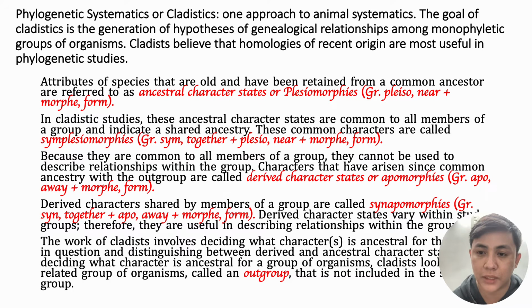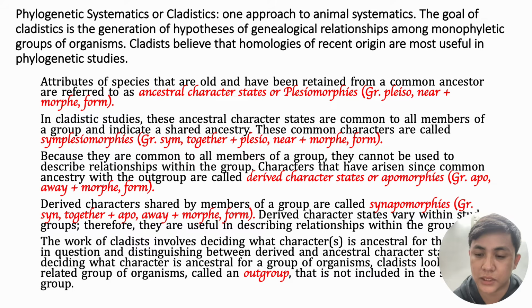Now let us unpack some key terms using cladistics. Traits inherited from a distant ancestor are called ancestral character states or plesiomorphies. When these ancestral traits are shared by several groups, we call them symplesiomorphies. But these don't help much in showing relationships within the group. Traits that appeared more recently are called derived character states or apomorphies.